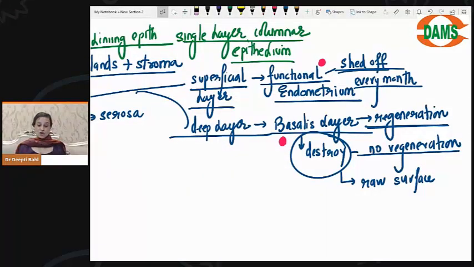So the basalis layer takes part in regeneration. If we destroy it, the regeneration will not happen, right? There will be no regeneration and it will be a raw surface. What do we mean if we destroy it? Suppose we take an instrument inside and denude the superficial layer as well as the basal layer.